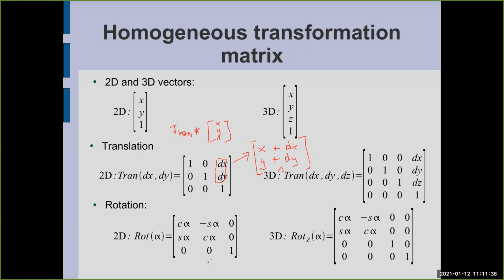So look, here I have a single matrix which can represent both translation and rotation. In the 3D case, it looks similar. So here, when I rotate around the z-axis, the z factor is equal to 1, and the rotation matrix block is here.